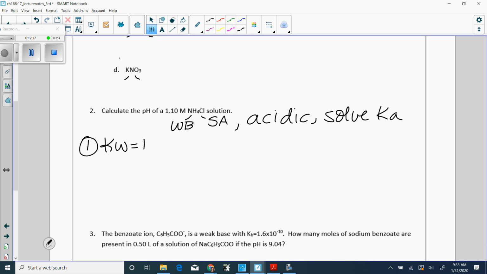Kw equals Ka times Kb. Kw is a constant, Ka is what I'm solving for, and I need to get a Kb off a dinosaur 0.2. So can you pull out your gold packet, look at dinosaur 0.2. What am I looking for on dinosaur 0.2? Yeah, we got to get the number, but there's a bunch of different options.